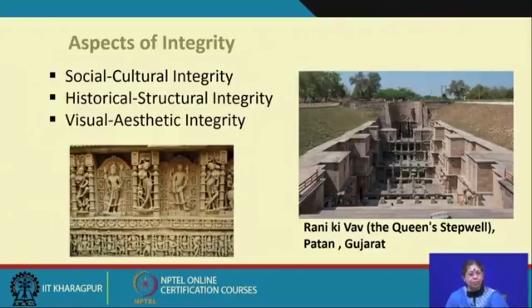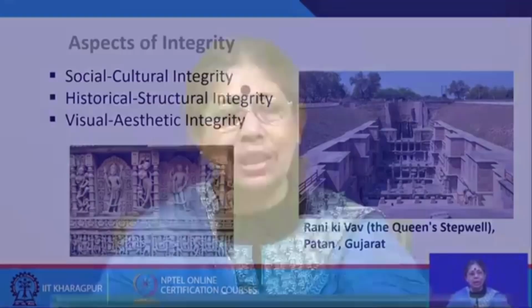Now, I will come back to the Rani Ki Vav example, the Queen's Stepwell at Patan in Gujarat. You can see that it has been discovered. It is a subterranean structure with beautiful sculptures, which have been preserved because it was covered with silt. It was beautifully kept. Here it was part of a society, and a very important function was that it was a water storage and a source of water.